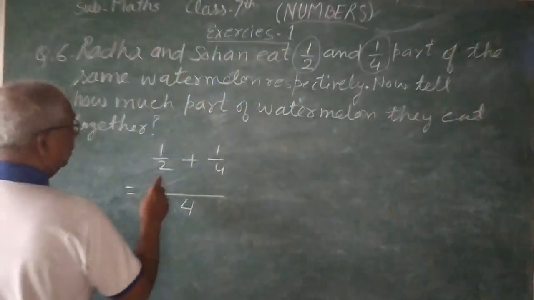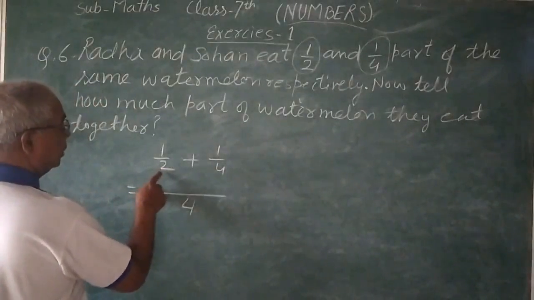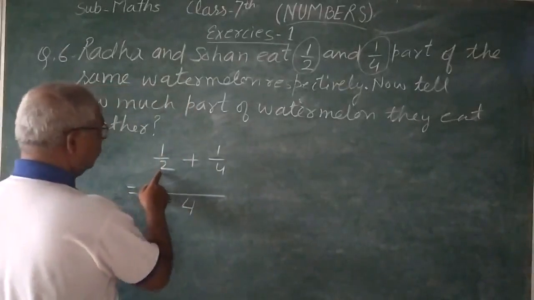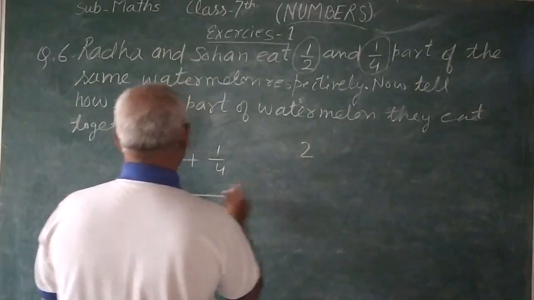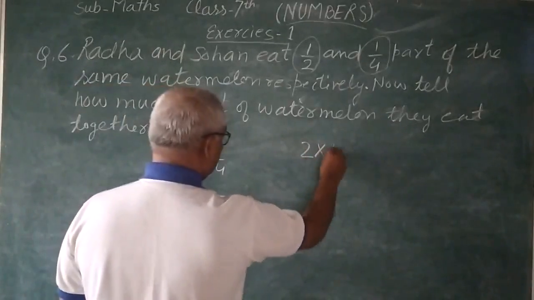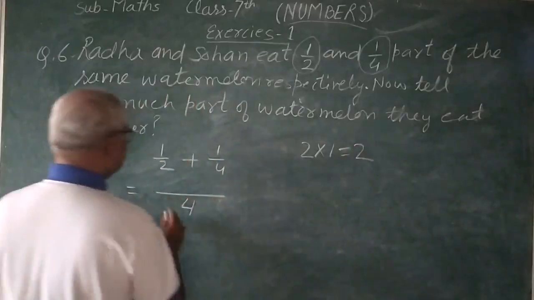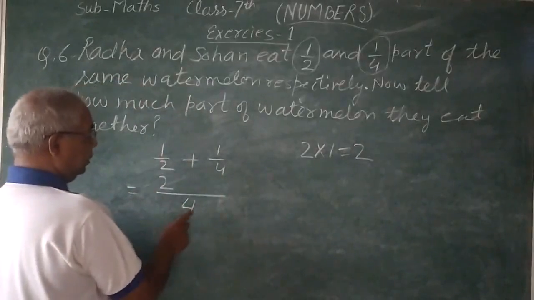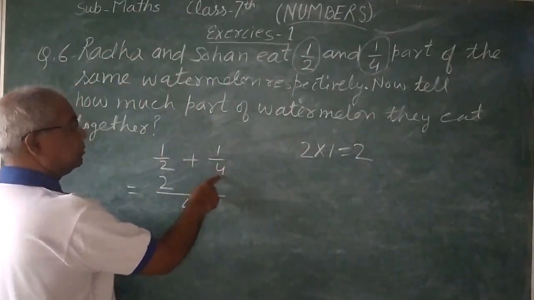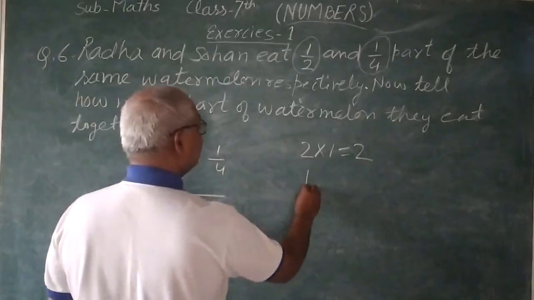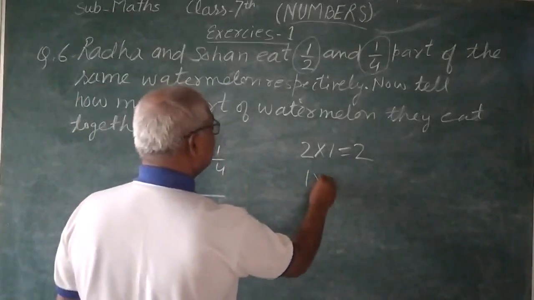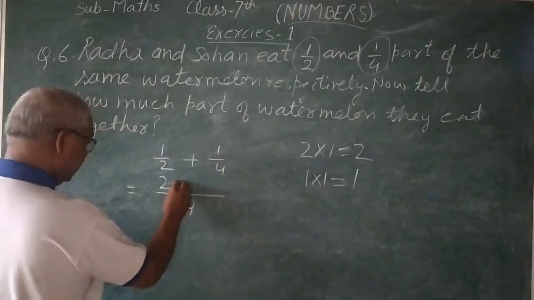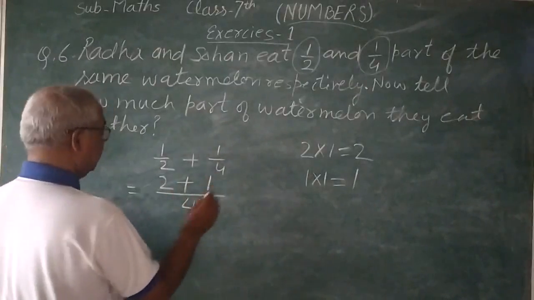Now 4 divided by 2 is 2, and 2 into 1 is 2. So you can write here 2. And for the 4, this 4 divided by this 4 is 1, and multiplied by 1 we get 1. Here is plus, so it is 2 plus 1.